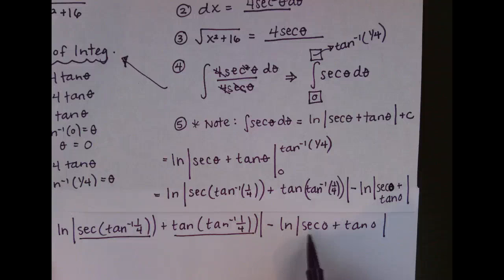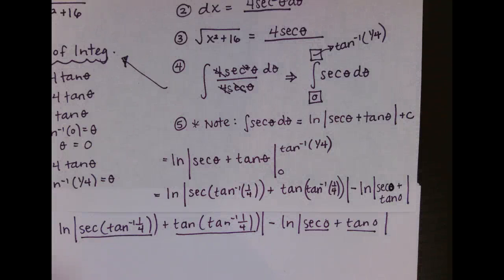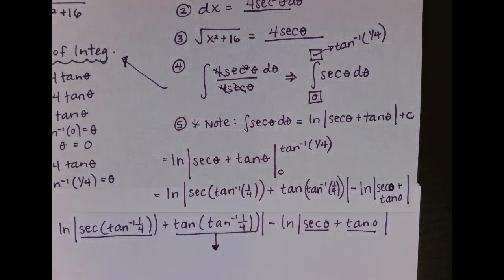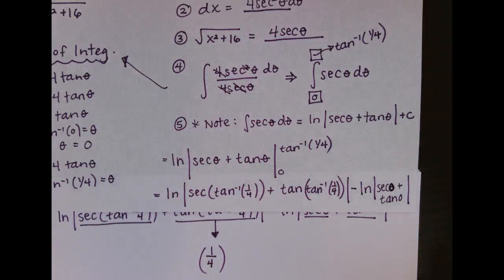Okay. So again, 4 things that need to be evaluated. 1, 2, 3, 4. So I would say 3 of them are all easy to figure out, and 1 is not. So if we think about what's easy, this is pretty easy. Remember that tan and inverse tan are inverse functions, so they cancel each other out. So that whole expression just results in that argument of 1/4. Get this out of the way.